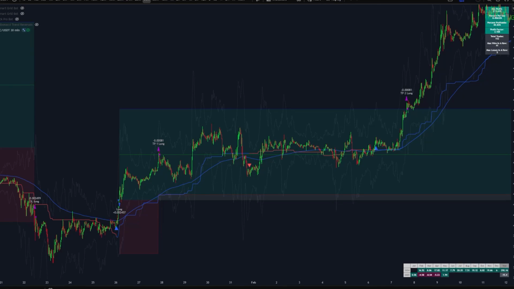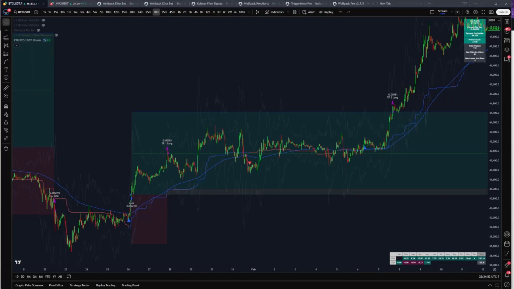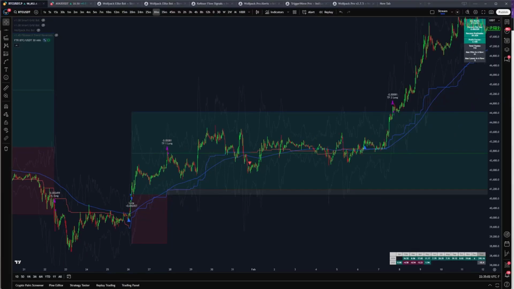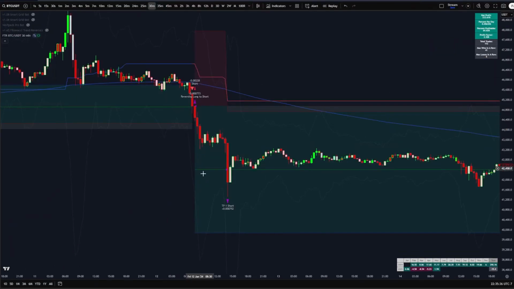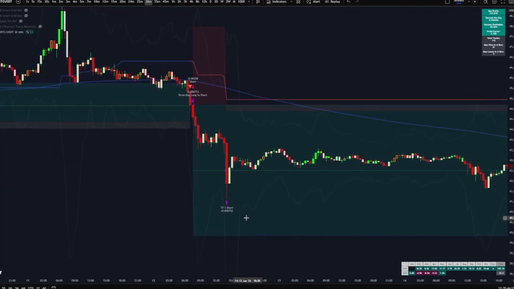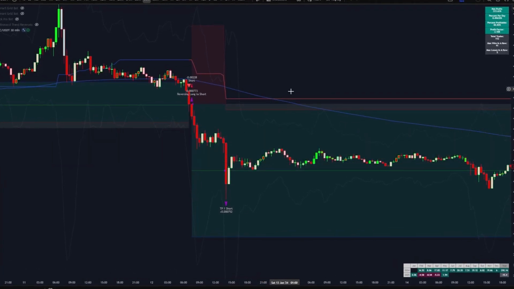Now, the way the entry logic works in simple terms, for longs, the price must close above both the 50% line and the shallow retracement Fibonacci line. And for shorts, here's a really good one on your screen right now, it must close below that 50% line and below the 78.6 Fibonacci retracement line while that momentum is bearish.